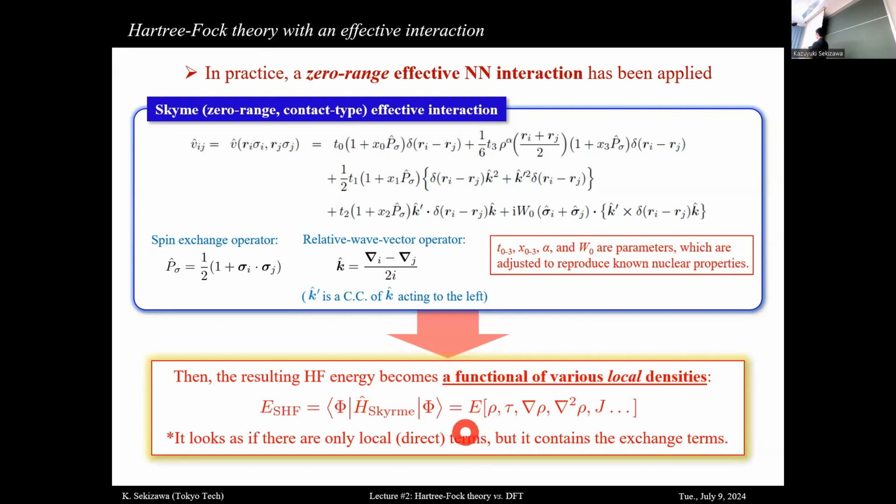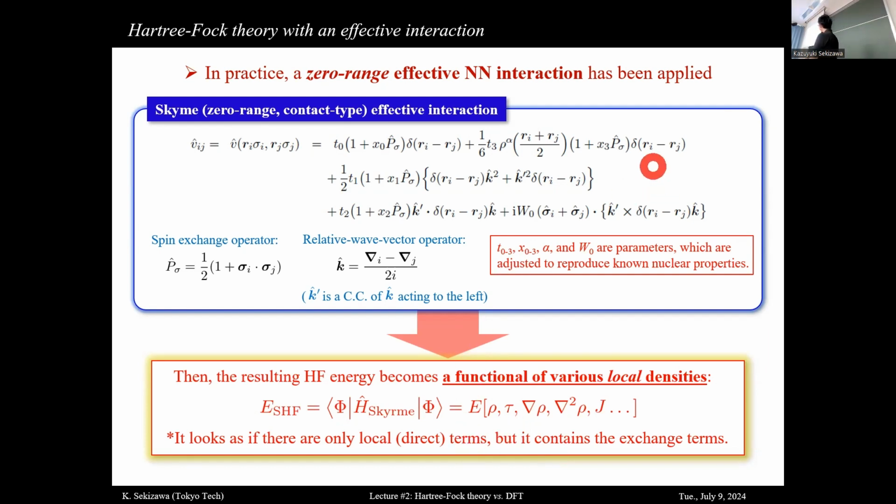that the total energy is given by a functional of various densities. Not only the one-body density, but also the kinetic energy density, the gradient of density, the Laplacian of density, spin-orbit density and so on. But anyway, those are various kinds of densities, and with those densities, this total energy is represented.